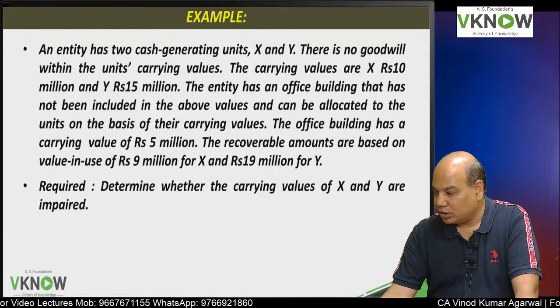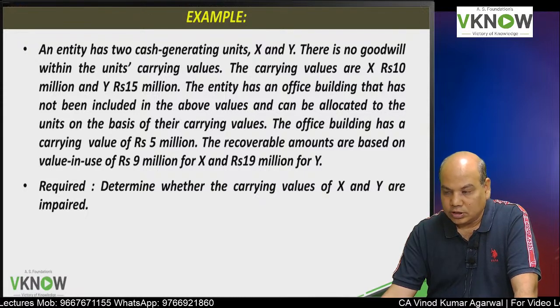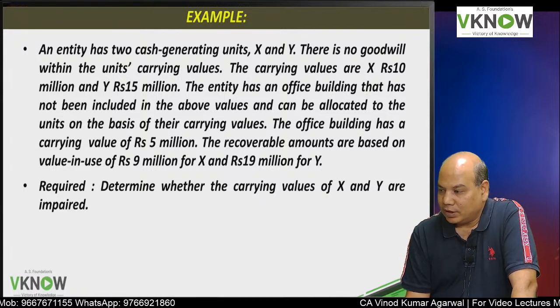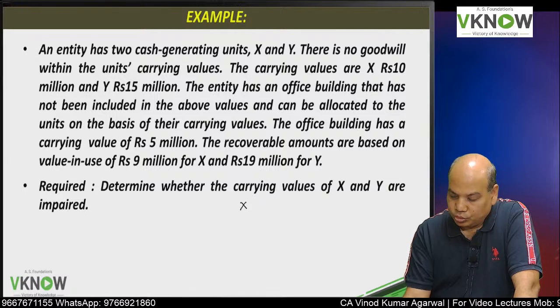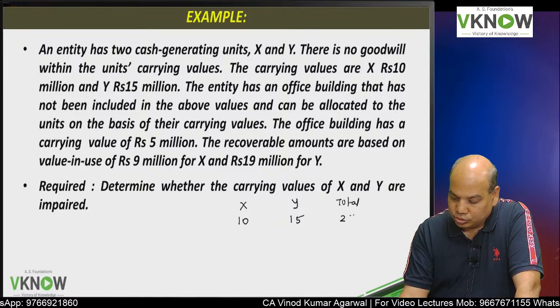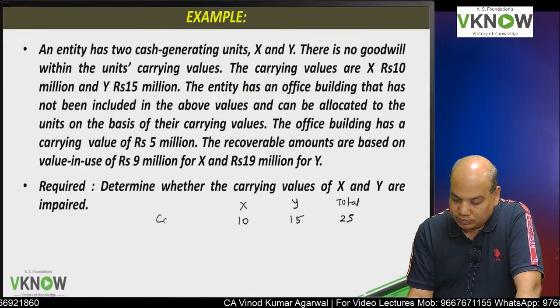As to cash generating units X and Y, there is no goodwill within the carrying values. The carrying values are: unit X is 10 million, unit Y is 15 million, so the total is 25. The entity has an office building.